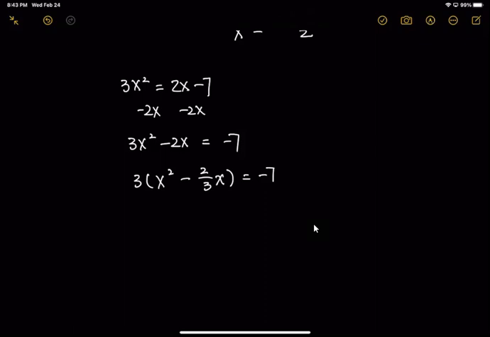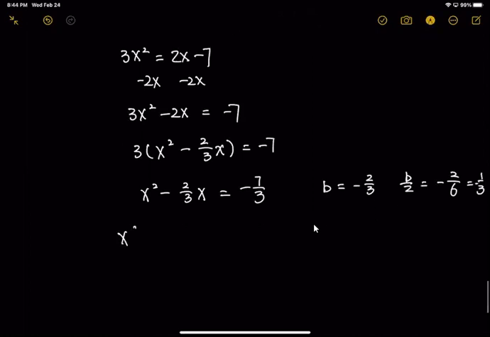Now we divide by 3 on both sides. I have x squared minus 2/3 x equals -7 over 3. Maybe that looks better because both sides have fractions. Okay, so our b is equal to -2/3. So b over 2 is equal to -2/6, which is -1/3. Okay, so I have, we want to add.